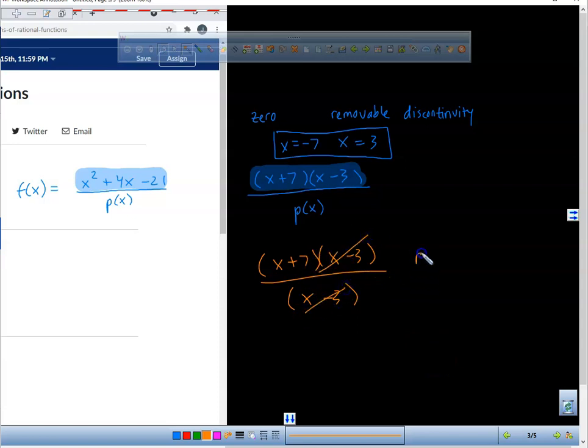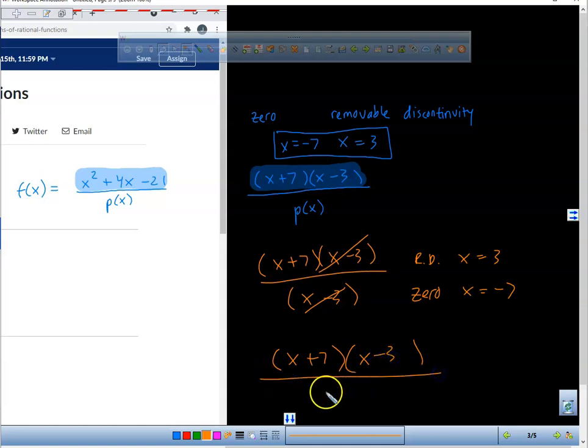Then I'd have a removable discontinuity at x equals 3, and I would have a 0 at x equals negative 7. But if I had, say, x plus 7 times x minus 3 over x plus 7, then these would cancel out, and I could have a 0 at x equals 3 and a removable discontinuity, I'm just doing RD for short because it takes a lot less time, at x equals negative 7.